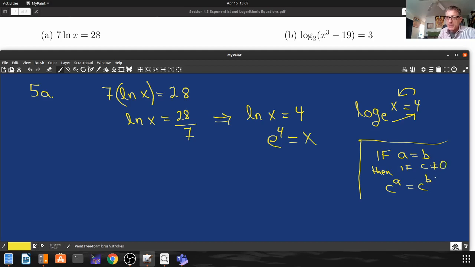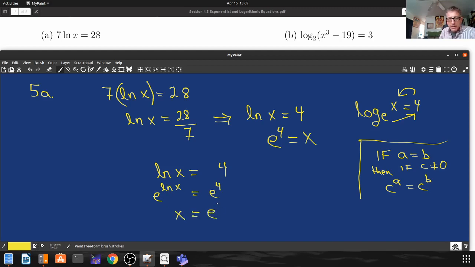It's still true if c is equal to 0, but when you raise 0 to a power, you lose all information. You don't get anything useful. So using that property, and the reason I'm telling you this is I often solve it this way, we take e and raise both sides. So e to the ln of x is equal to x by a previous property.